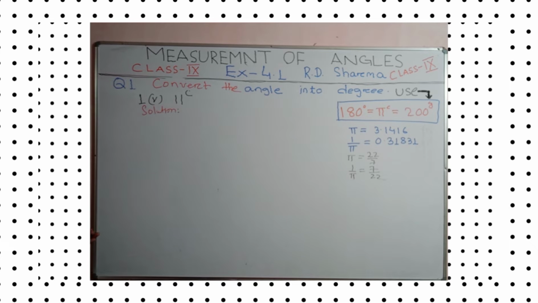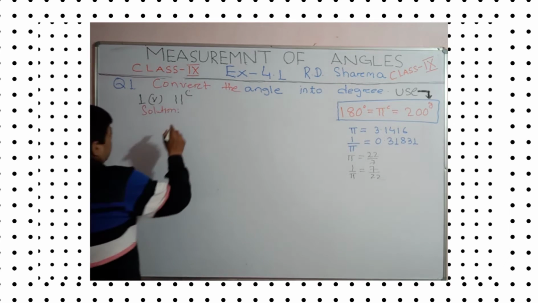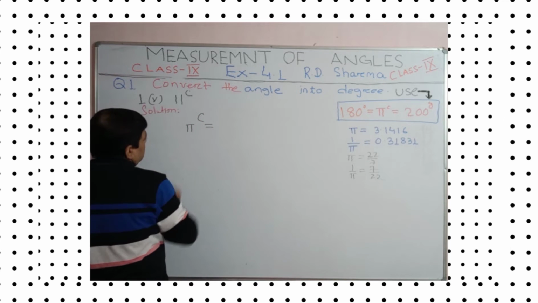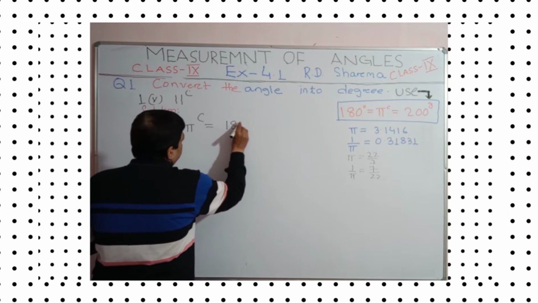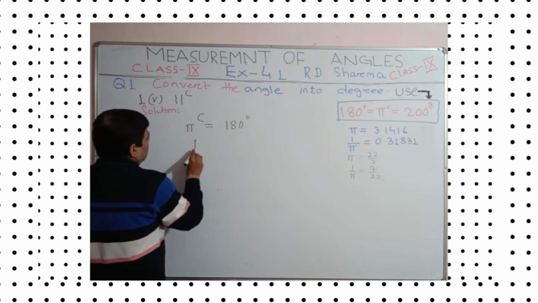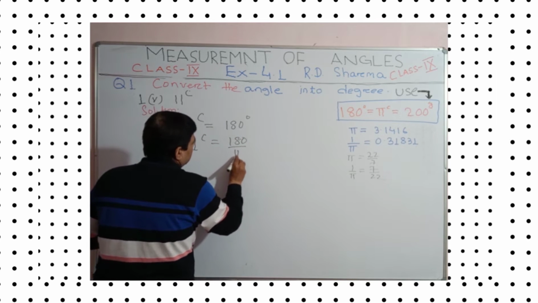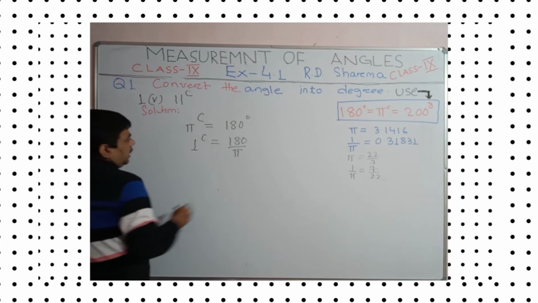So a similar process. The angle is given in radian. Pi radian is equal to how much? 180 degree. And 1 radian is 180 divided by pi degree.